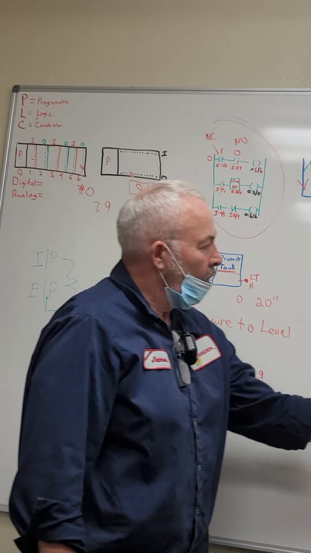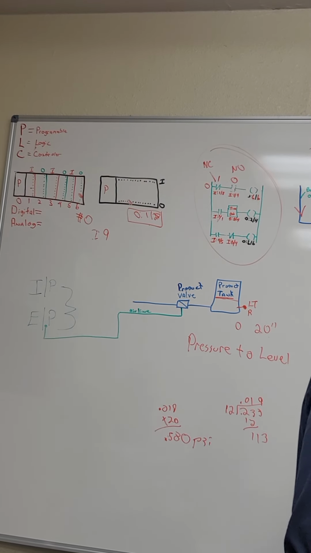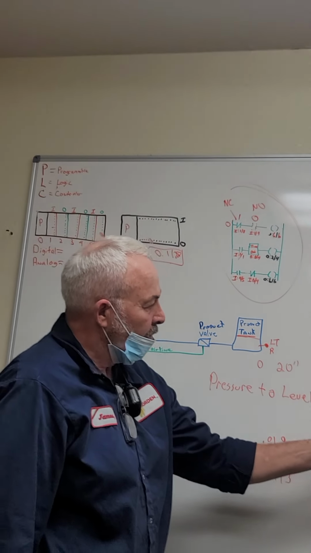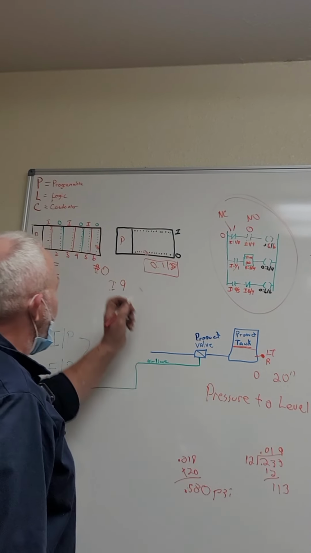If you go over here, 2 foot is 0.466. So see how that's coming out? That's what you make your scale to inside the computer.